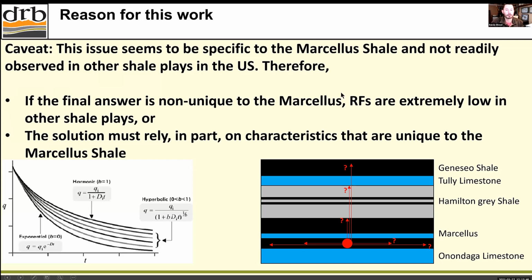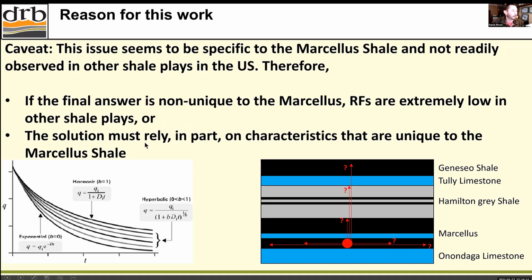Or maybe you are starting to see that, and this talk would be of all the more interest to you. So that kind of leads us down two different paths. One, if the answers that we come up with to explain this are not unique to the Marcellus, then that would suggest that the recovery factors are extremely low in other plays.